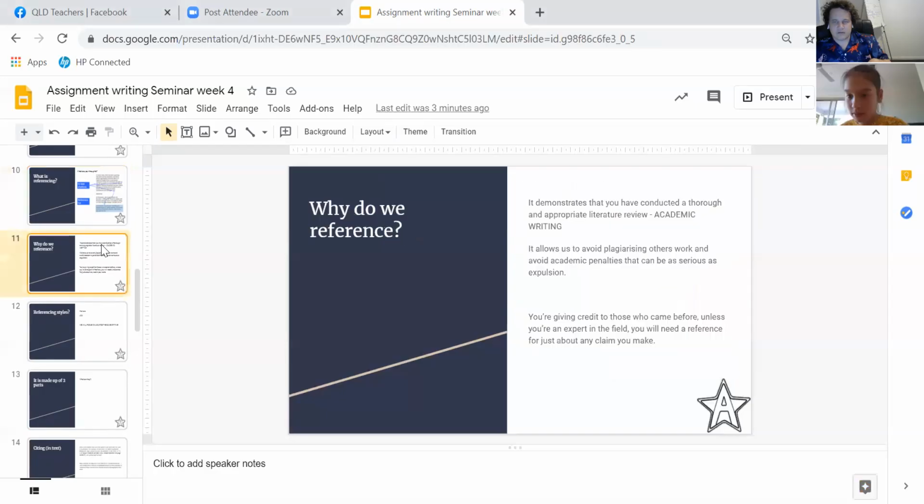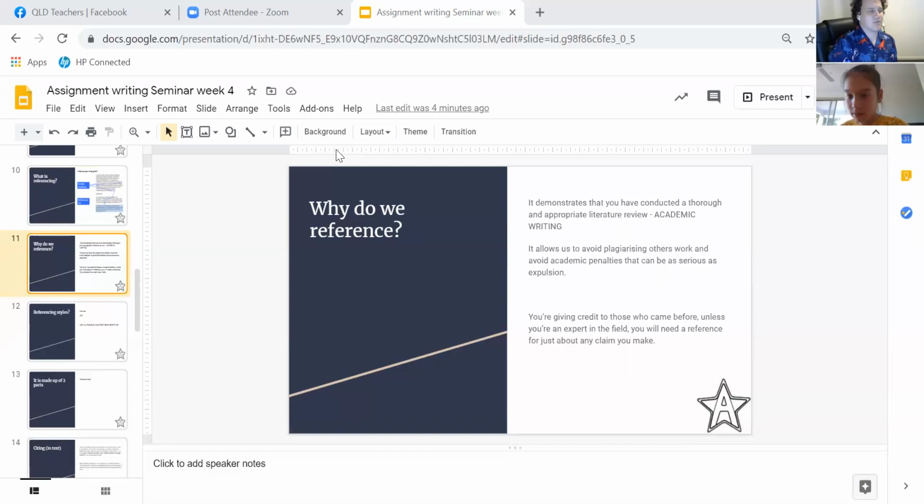So, again, back to the academic writing. You need to show what research you've done. If you've done all this research and you don't actually put it in your reference list, then what's the point? No one gets to see all your research and all this well-rounded argument that you created.